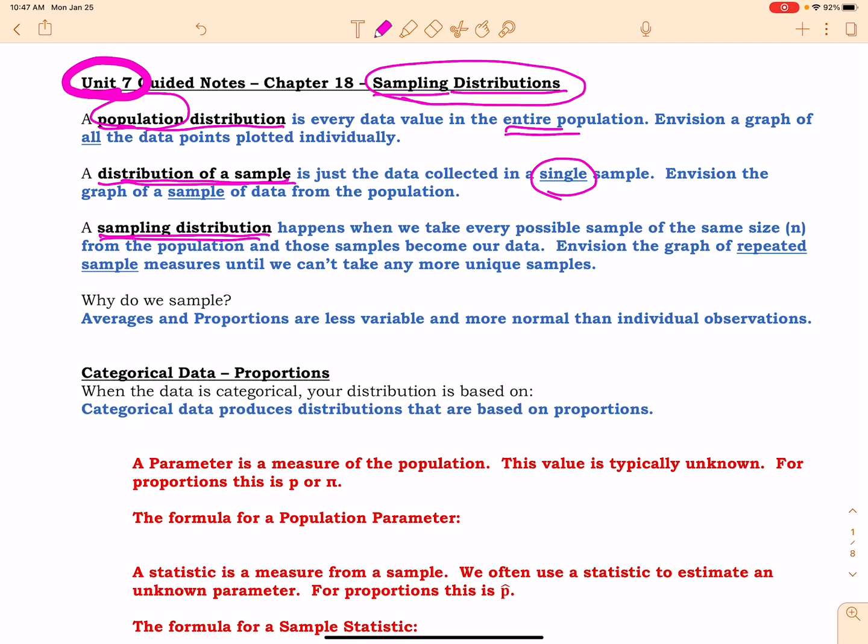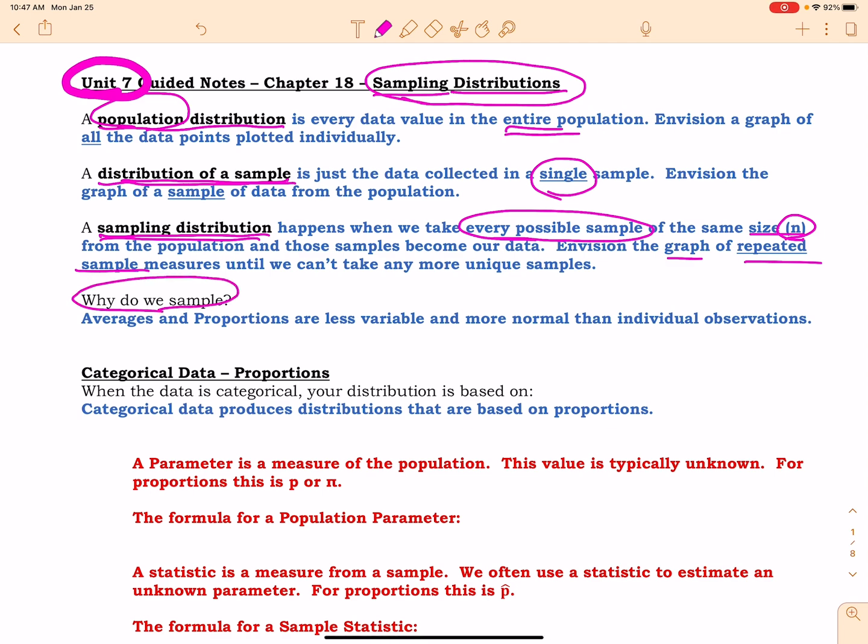A sampling distribution itself means that we have every possible sample of the same size, and we use n to represent that, from the population, and then those samples become all of our data. So in other words, this time you're going to envision a graph of repeated sampling, and that is going to create its own distribution.